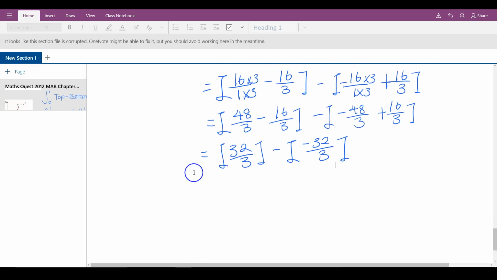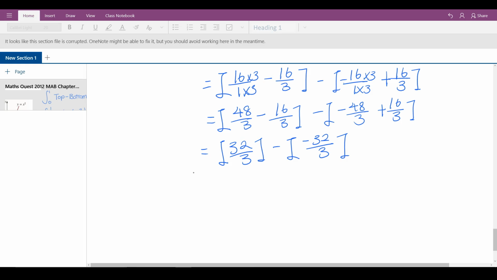Now negative becomes positive, so we see 32 over 3 plus 32 over 3, 64 over 3. So that's your area of the shaded region between the two graphs.